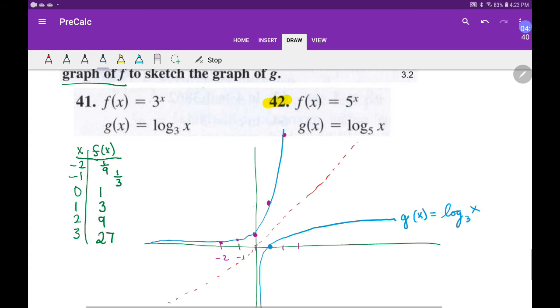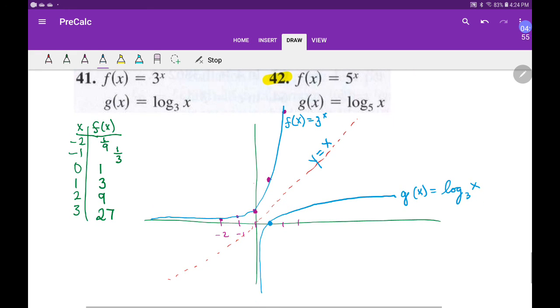And I know that because I just had to reflect f of x equals 3 to the x. I'm just reflecting it through this line, y equals x. That's all I have to do. Can you kind of see how that's reflected? I hope you can see. If I did it right, and that's arguable, the distance across this line should be the same. Wherever I go, it should be the same.